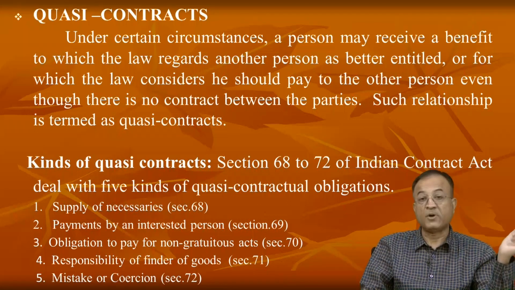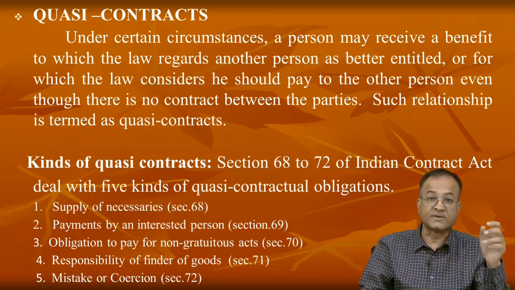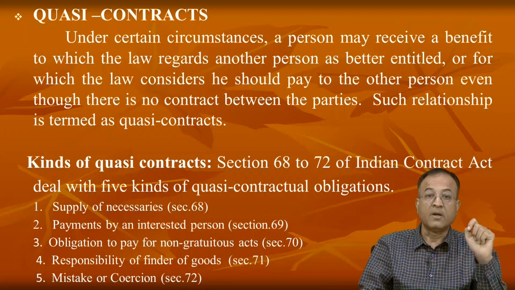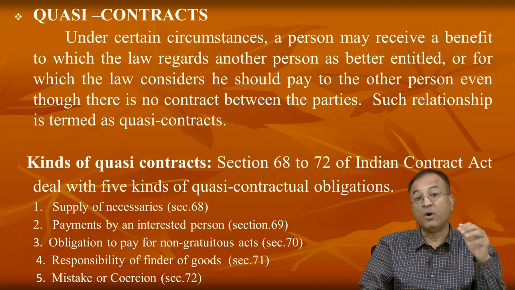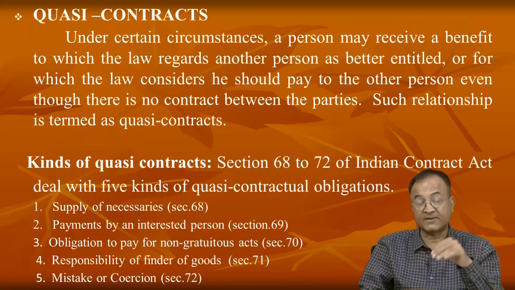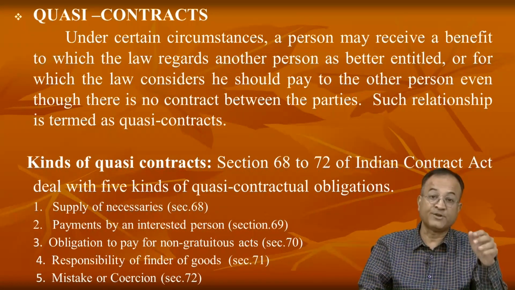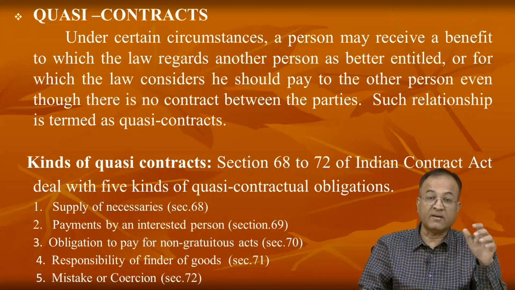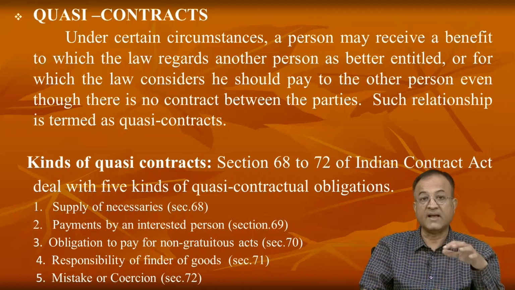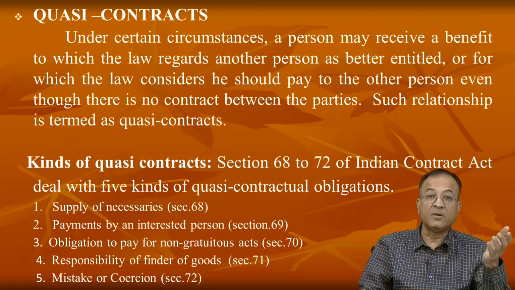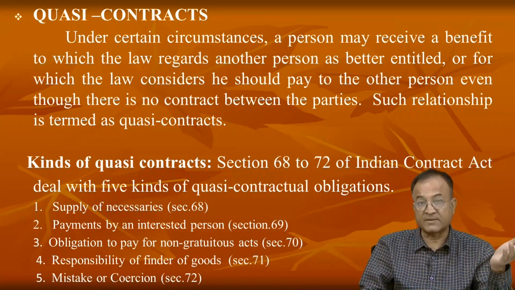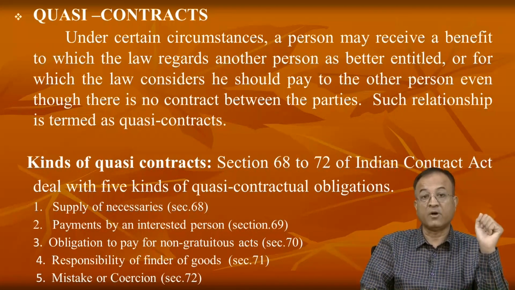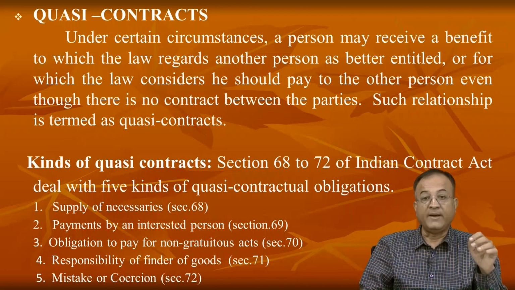Fourth, responsibilities of finder of goods. Section 71. A person who finds goods belonging to another and takes them into his custody is subject to the same responsibility as a bailee. He is bound to take as much care of the goods as a man of ordinary prudence would, under similar circumstances, take of his own goods of the same bulk, quality and value.